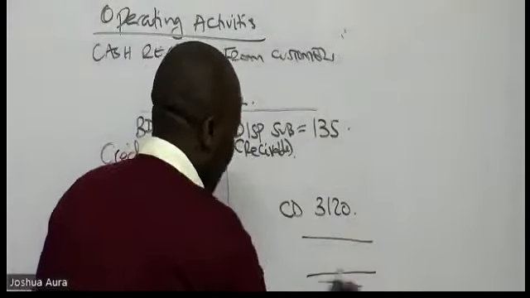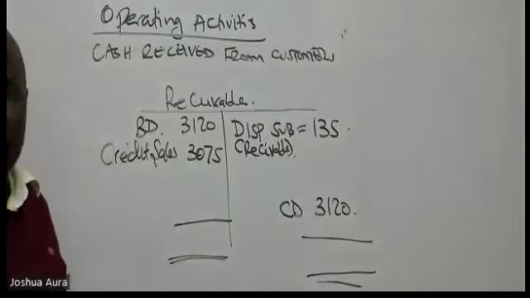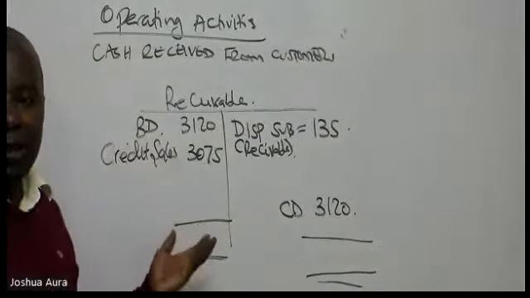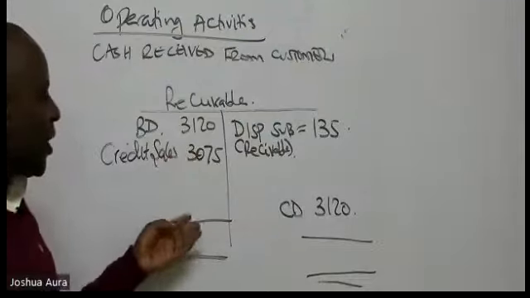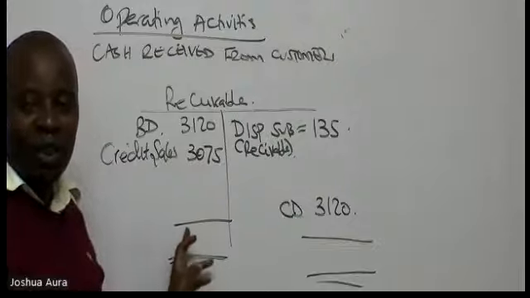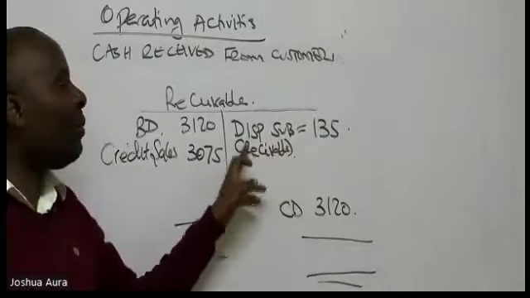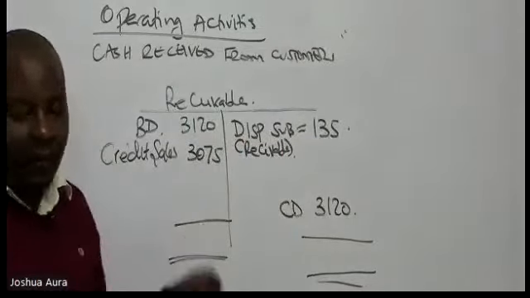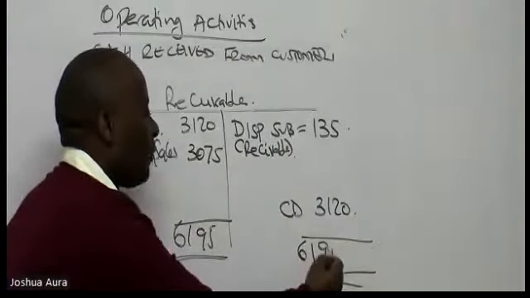Close this account and tell me which side is heavier. Of course, this side. So how much should I book in here? This stands for the receivables of the disposed subsidiary. So this is 6195.